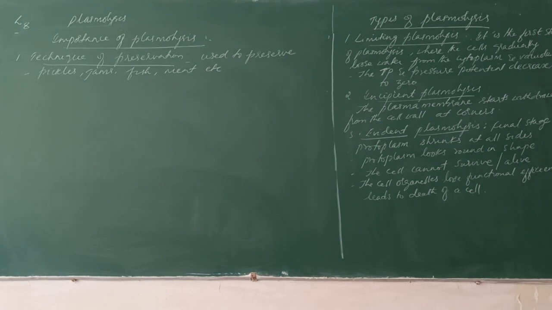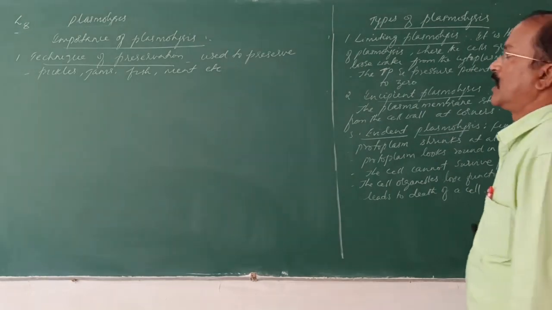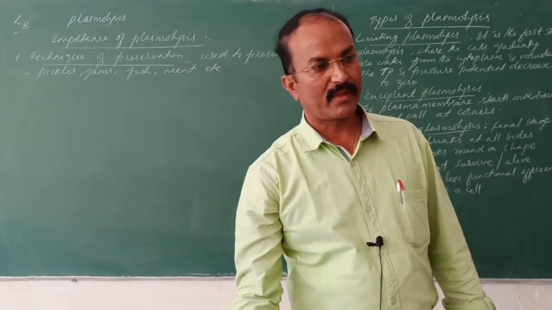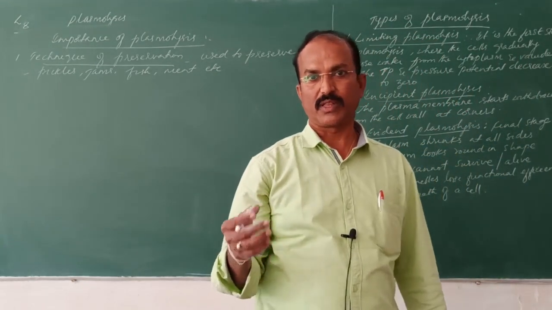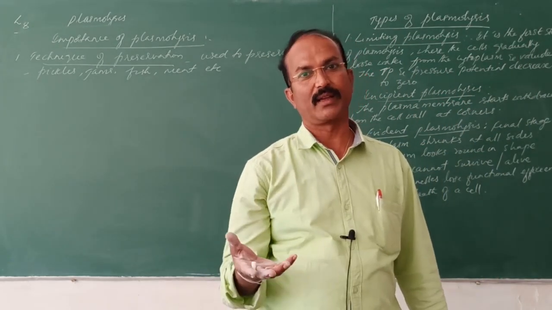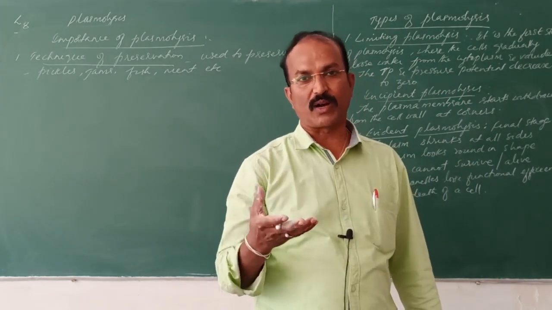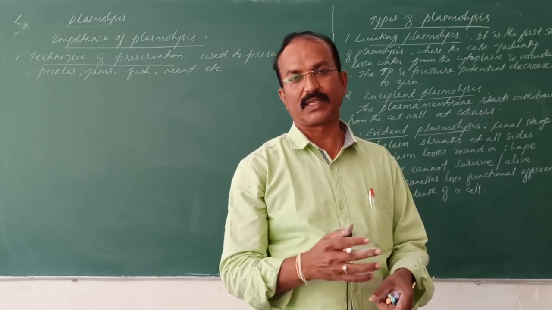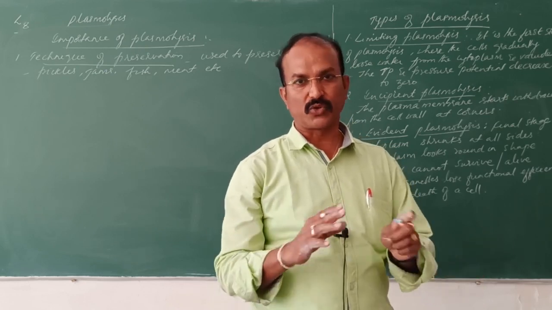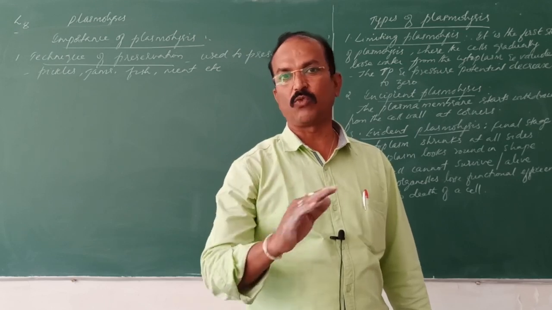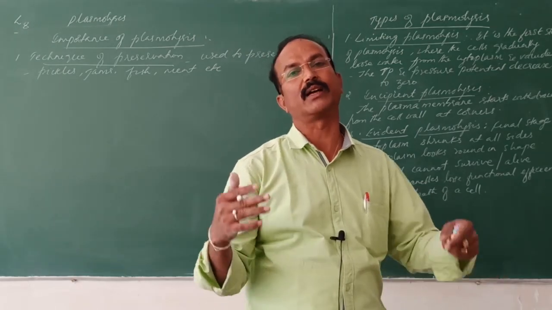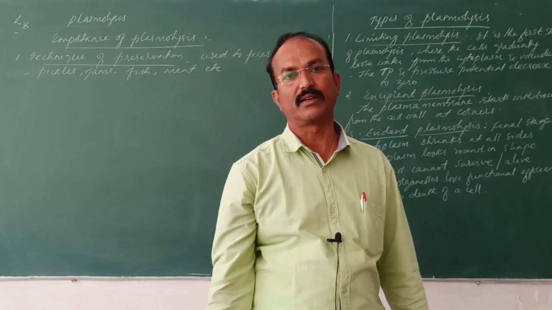So preservation is done. When the pickles are prepared, that's why it is called uppinagai. Uppu means what? Salt, isn't it? Why do they add the salt? To kill the microbes. Microbes like fungus and bacteria won't survive. They get plasmolyzed and the cells get killed.